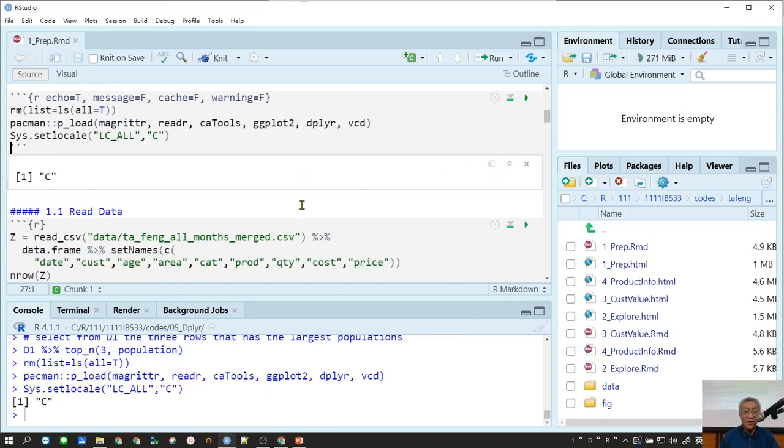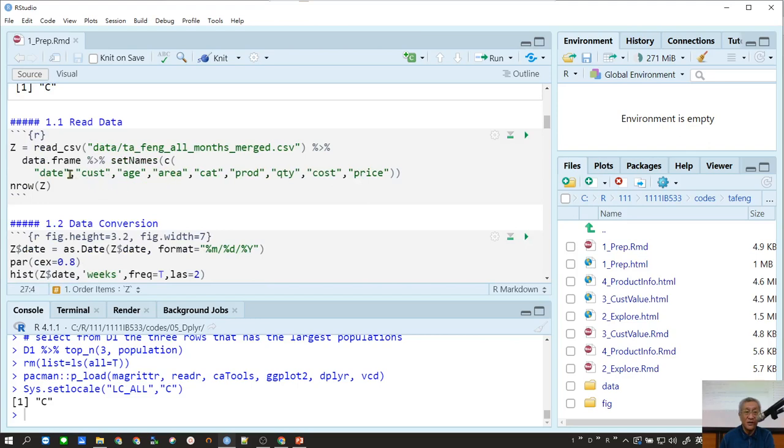Actually, this is not loading data yet. It's just loading some packages. As you can see, I load the dplyr package, right? And then I read in the data.